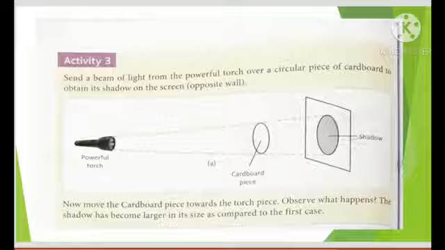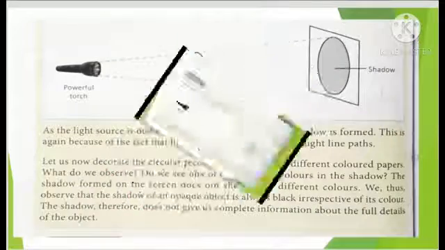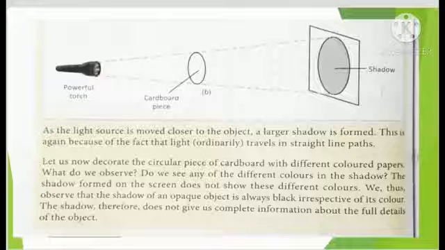So switch on this powerful torch, and let the beam of its light fall over the cardboard piece. What you will get? You will get a shadow on the screen as shown in the diagram. Now, what we are going to do? We are just moving the cardboard piece towards the source of light.